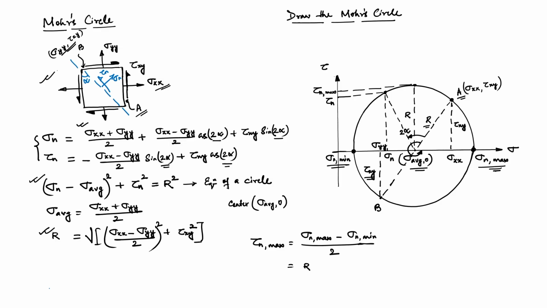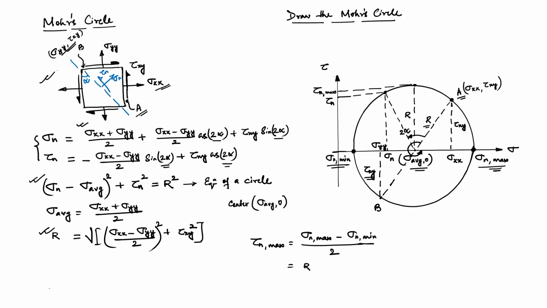Half of that angle is originally the orientation of the maximum principal plane with respect to this point A. If you recall this, you can easily draw the Mohr circle from the given 2D stress field, identify principal planes, identify maximum shear stress, and also identify any plane at an angle alpha with respect to A, and then easily from this diagram quantify the corresponding axial stress and shear stress on the plane at an angle alpha.